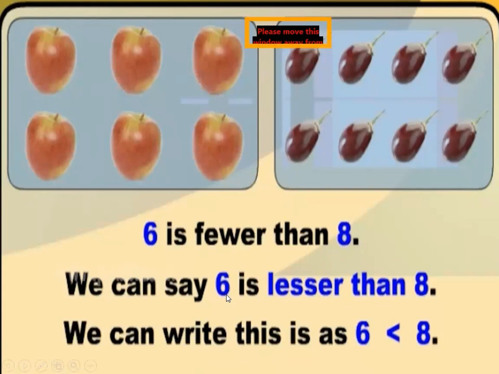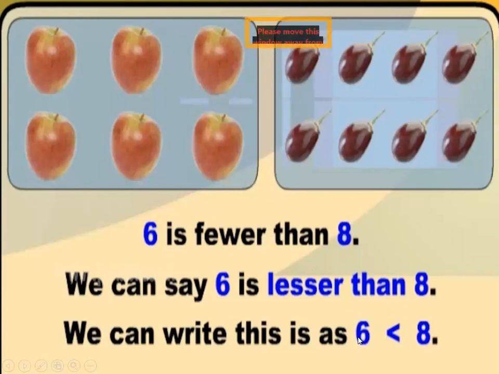The quantity of the apples is 6, so it is less than brinjals. So we can say 6 is lesser than 8, and we can write this as 6 less than 8. In mathematics, we write 6 and then put the sign of less than.